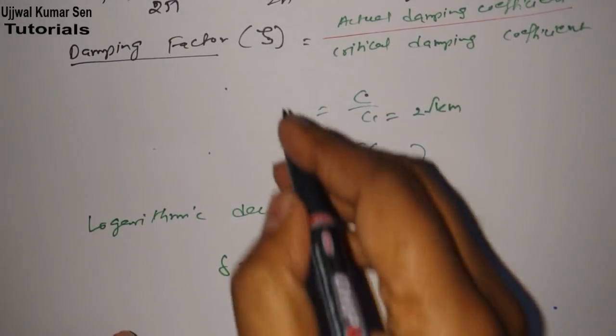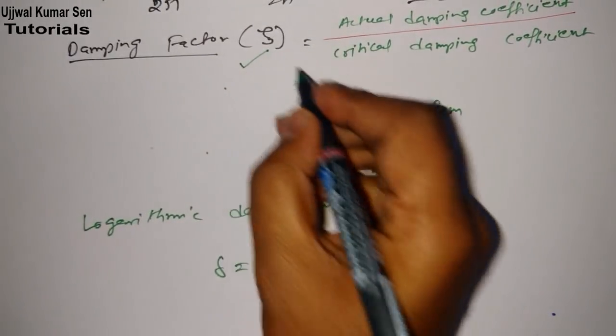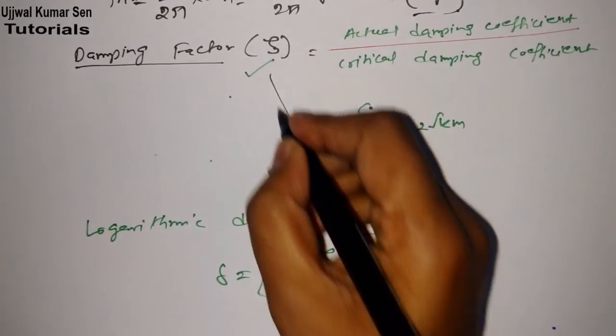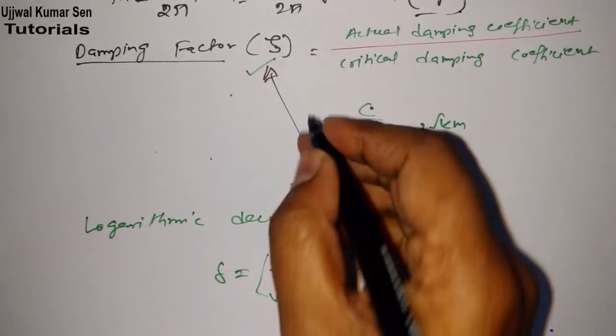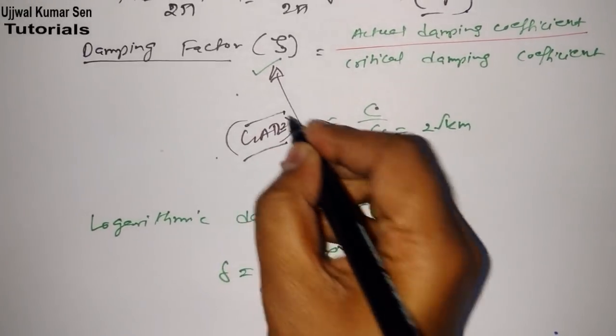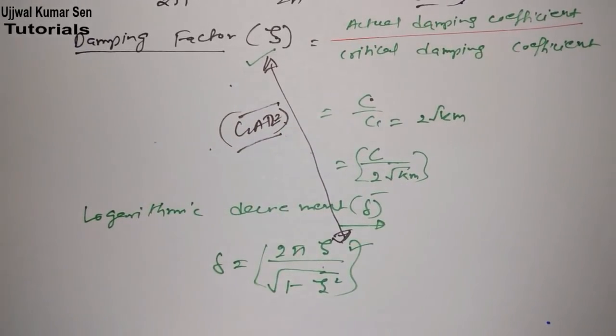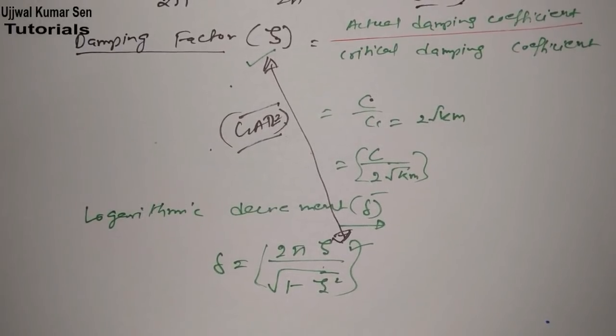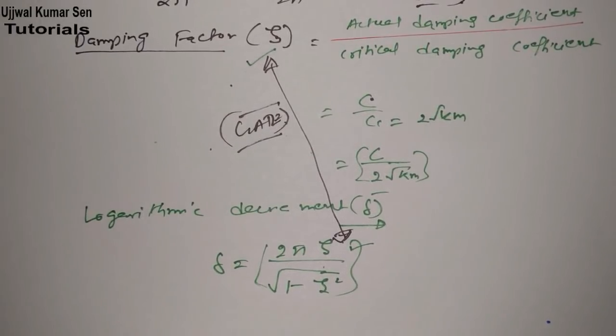Probably in the question you have to make a relation between this zeta and this zeta, and based on this relation I have already shared tutorials, and of course they have asked such questions in GATE. So if you are preparing for GATE, you need to understand the relations between formulas. Once you understand the relations between formulas, things become quite easier for you to solve numerical problems.